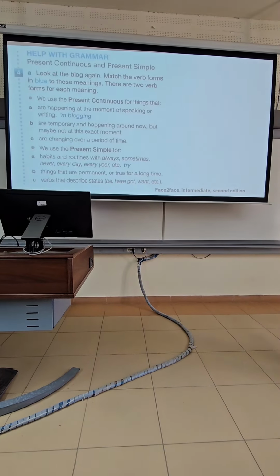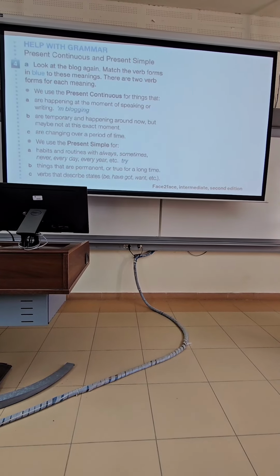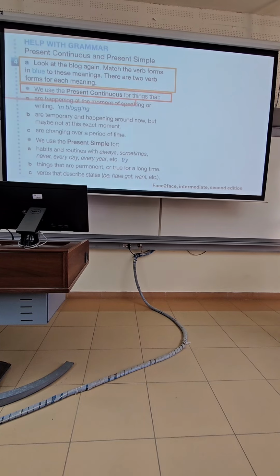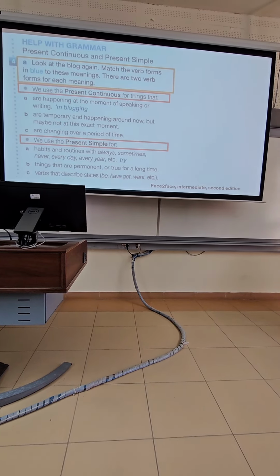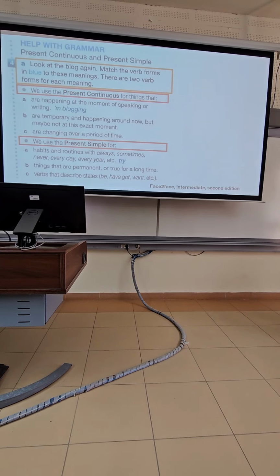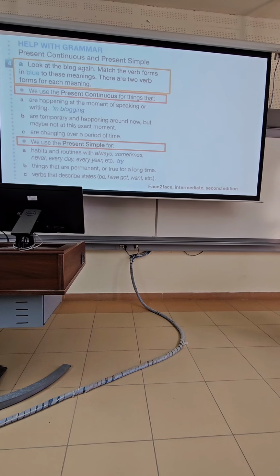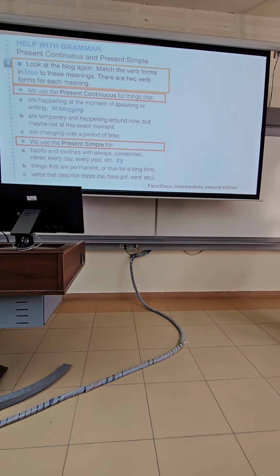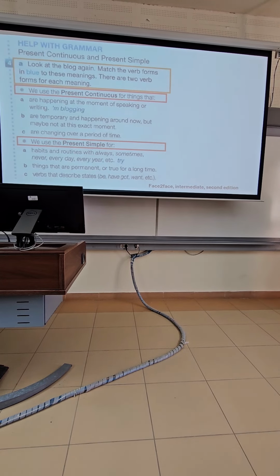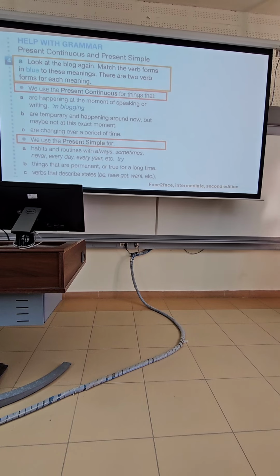Take a look at this one and have a look at the instructions, and try to decide what it is helping students to discover. Create a function of the tense.